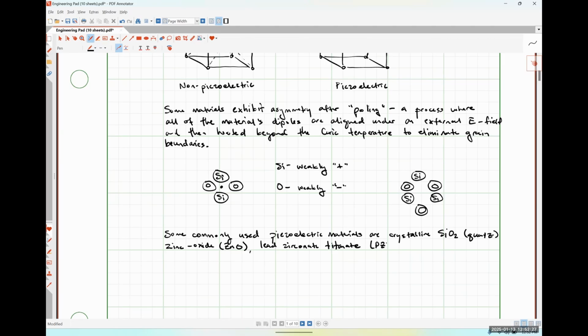This would be what's commonly called PZT, and PZT-4 and PZT-5A are common. And then also polyvinylidene fluoride, or PVDF, which is a plastic, is also a commonly used piezoelectric material.